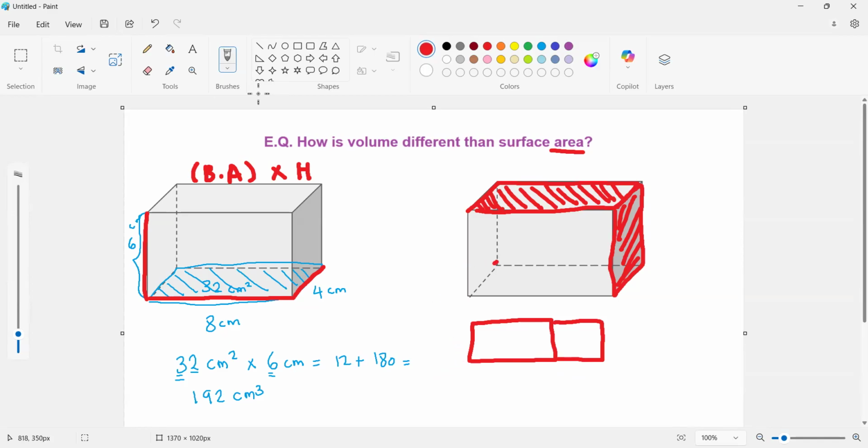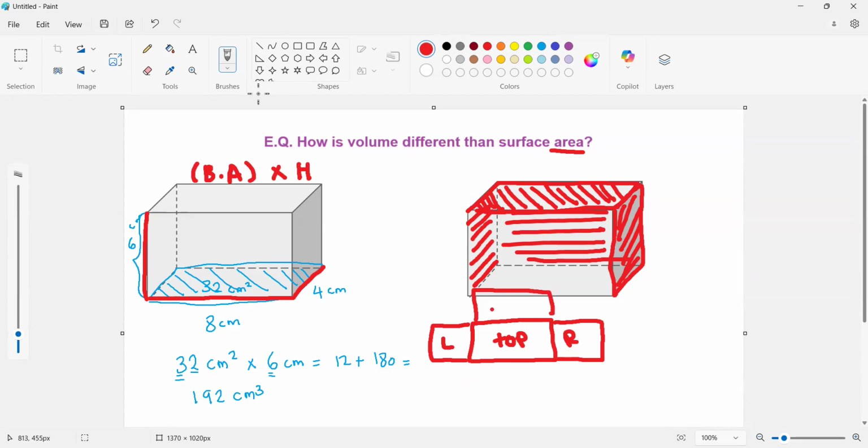We can also cover the left side of this prism. So we're talking about the outside, the surface only. We're not talking about how much is inside the object, which is the volume. So this is the top, this is the right side, this is the left side. We can paint the back. This would be the back.